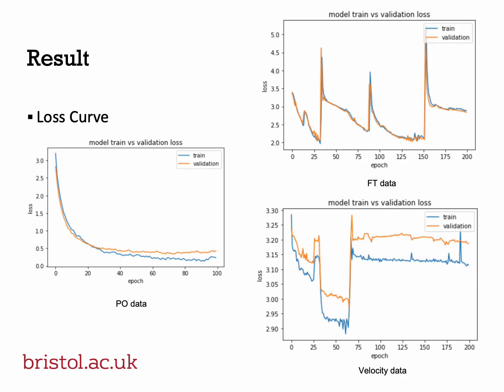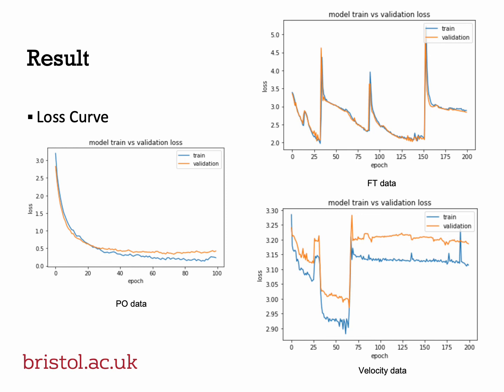After an initial evaluation of the model, the number of epochs was increased and loss curves for the training and validation sets were plotted. As can be seen in these figures, the PO data fit the model well and achieved a classification accuracy of 90% on the test set after 100 epochs of training.